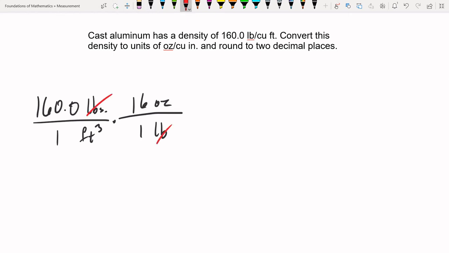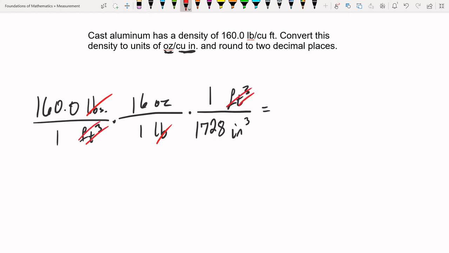And the pounds cancel. Now we have ounces, that's what we want on top. On bottom, we want cubic inches. So we need to convert from feet cubed to inches cubed. Looking at my sheet, I see 1 cubic foot equals 1,728 cubic inches. And you see the feet cancel.